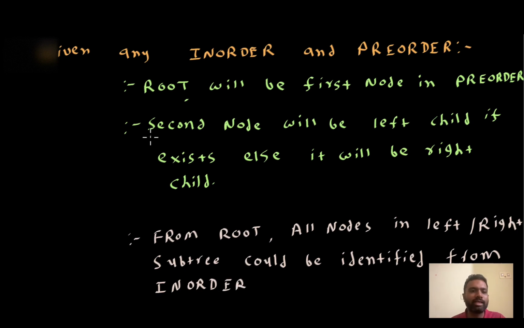So how many things could I identify? One thing is I could identify the root, that is possible. Even let's consider the left child exists, then I could identify the left child also. I could even identify all nodes in the left subtree and right subtree. I could not identify the right child, right?